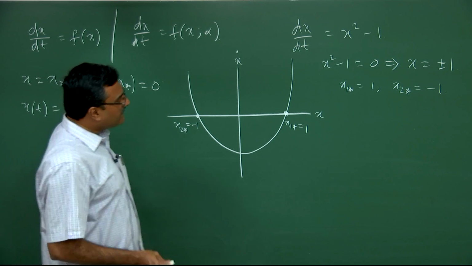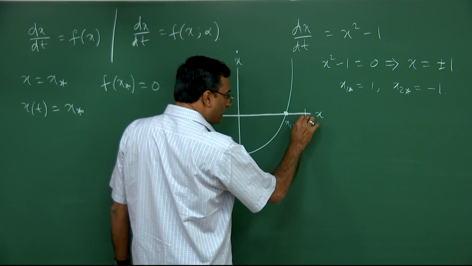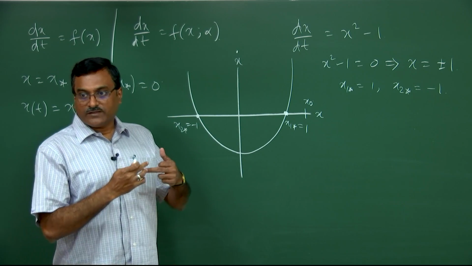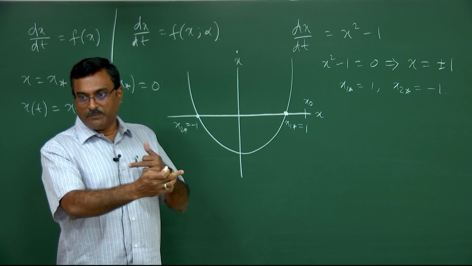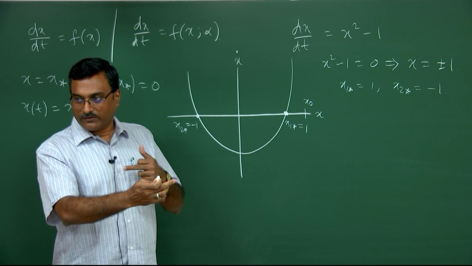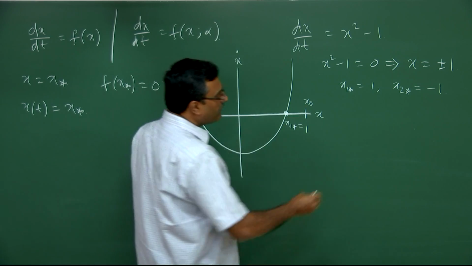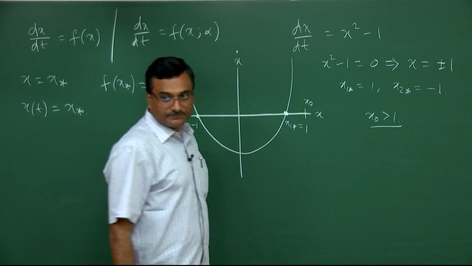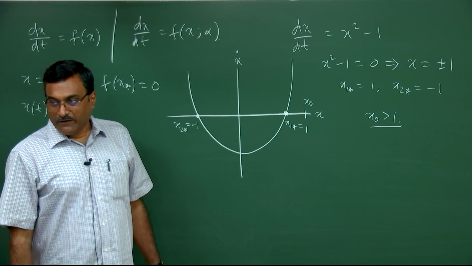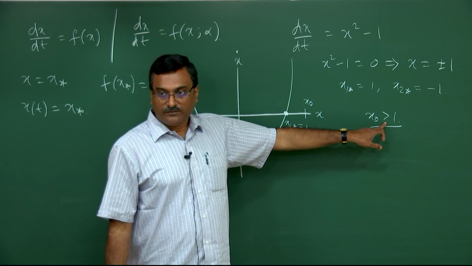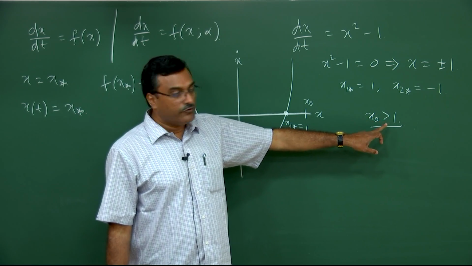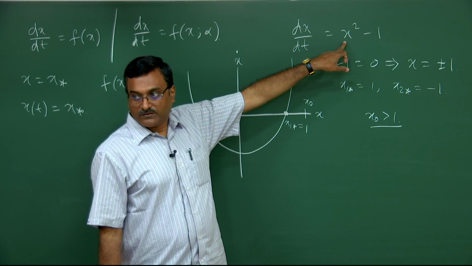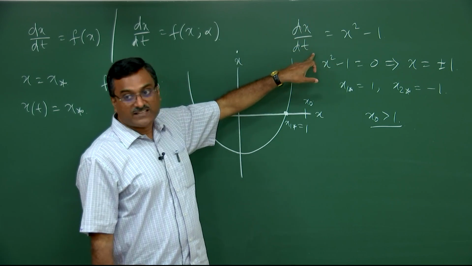Now you consider a point x0 at this position, that is, a point on the right hand side of the equilibrium x1 star equal to 1. So this x0 satisfies the condition x0 greater than 1. If your x0 is greater than 1 and you substitute this x0 here, what is the sign of dx/dt?